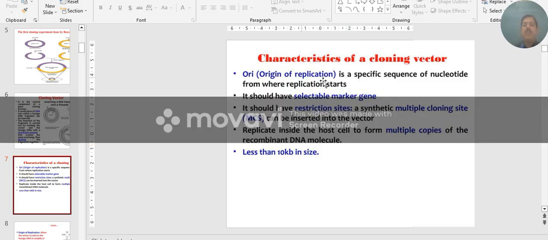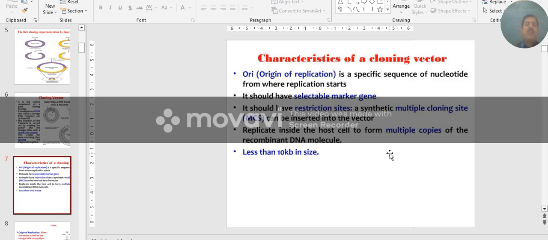ORI refers to origin of replication, a specific sequence of nucleotides from where replication starts. This sequence enables the vector molecule to replicate suitably without affecting any other host cell processing.